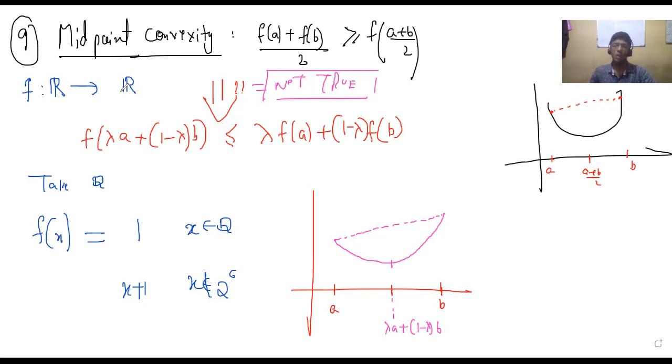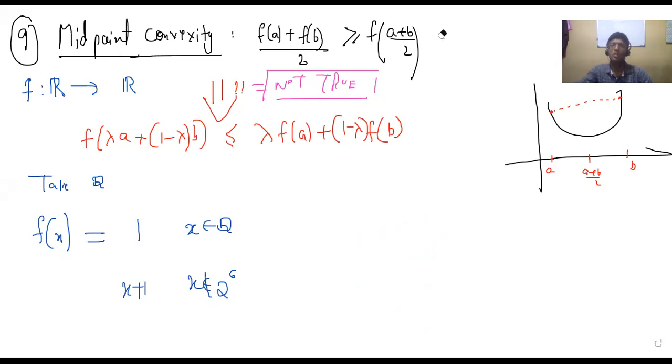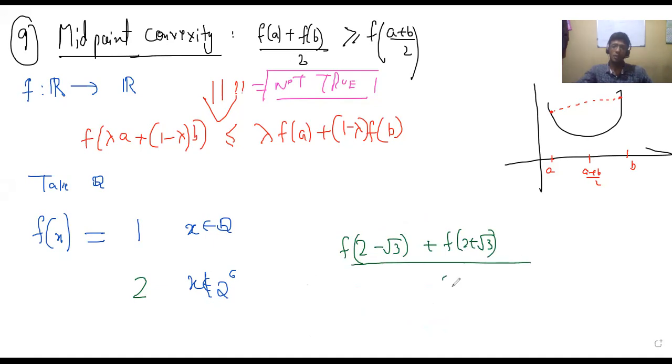So if you're going to take it to be 1 on all the rationals and x plus 1 on all the irrationals, then it will go to a rational number.